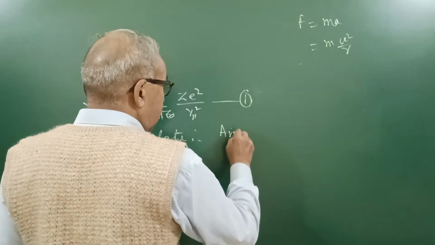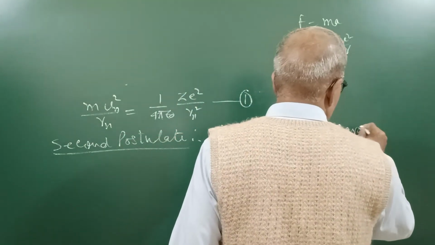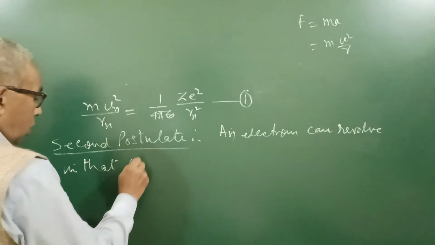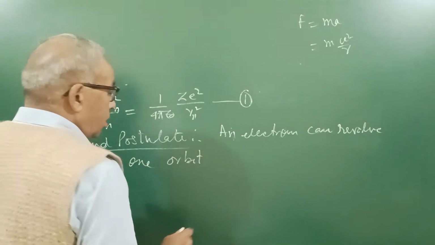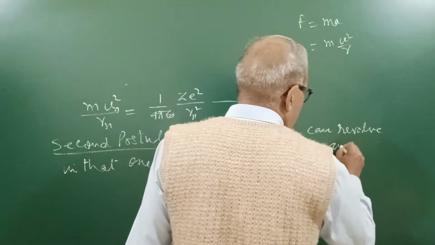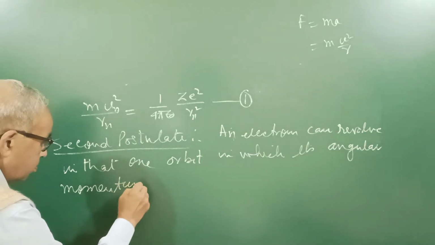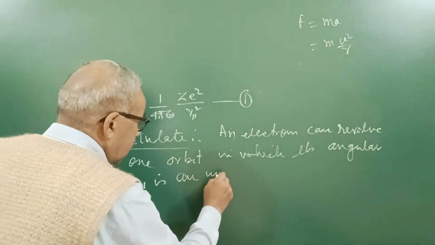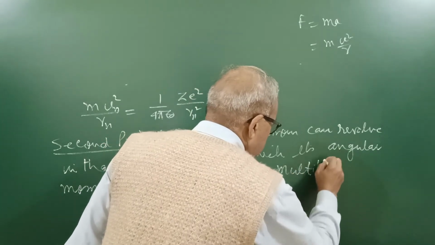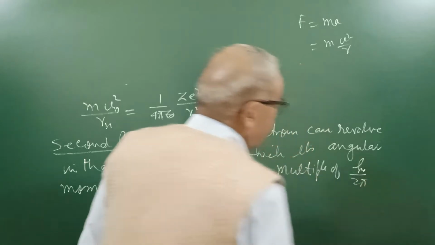An electron can revolve in that one orbit in which its angular momentum is an integral multiple of h upon 2 pi, where h is the Planck constant, you know.